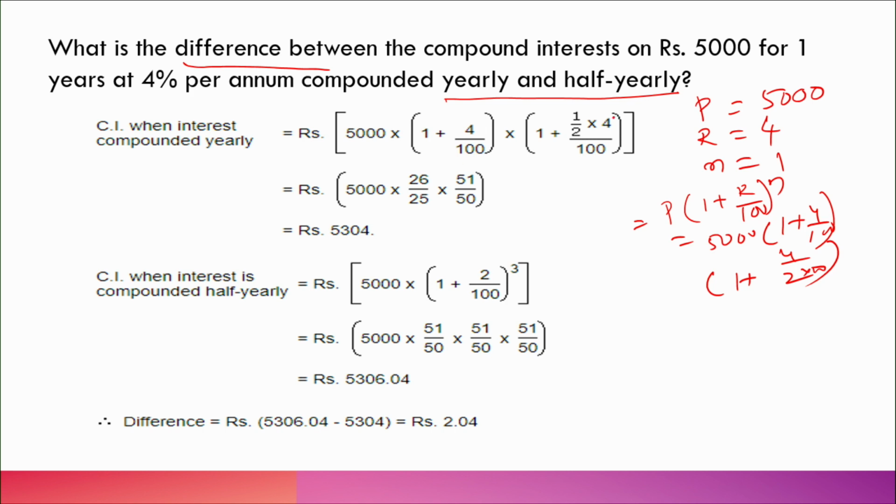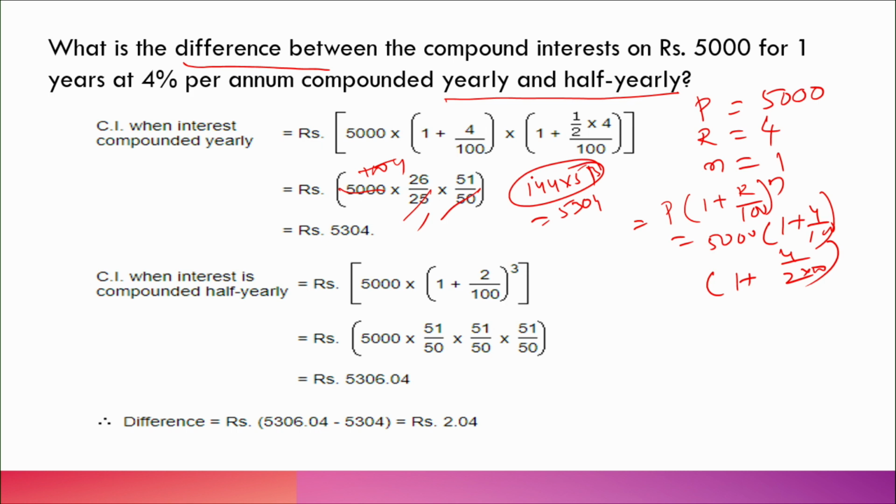Simplifying, 4 by 200 gives 51 by 50. So 26 by 25 and 51 by 50. Now you can calculate it easily, clear? So 25, 50, 51 if you calculate, 5304.